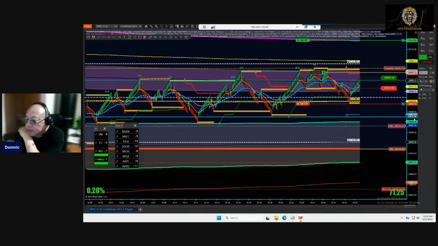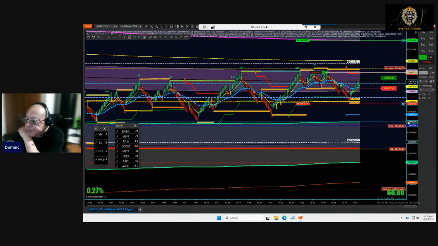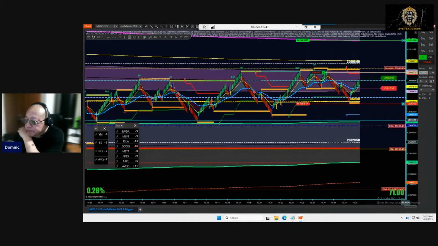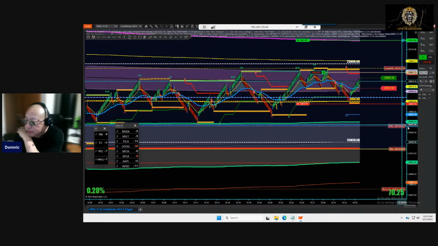Let's see if it continues going higher. We're at the VWAP, so it may bounce off the VWAP and continue going up, or continue going down. Let's see.